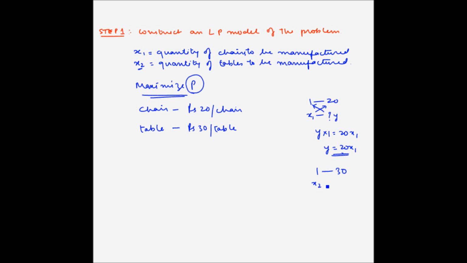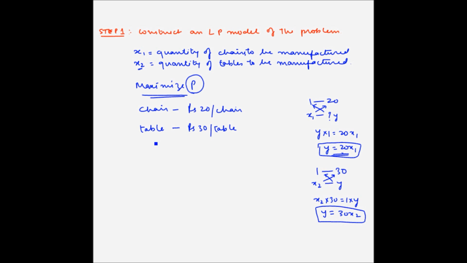So for X2, how much is the total profit? Again cross multiplication. So X2 into 30 is equal to 1 into Y. So Y is equal to 30x2. So this is the total profit for tables.